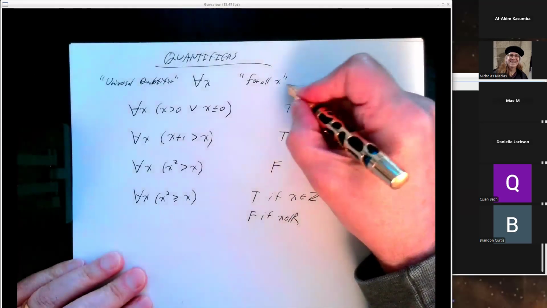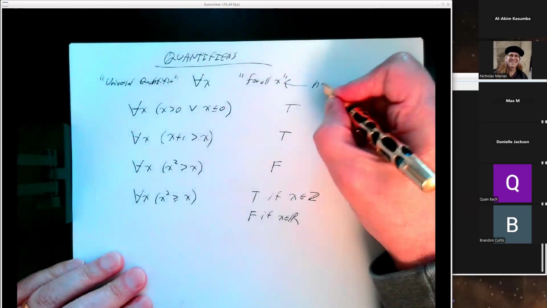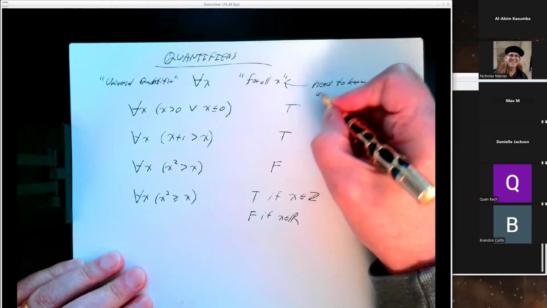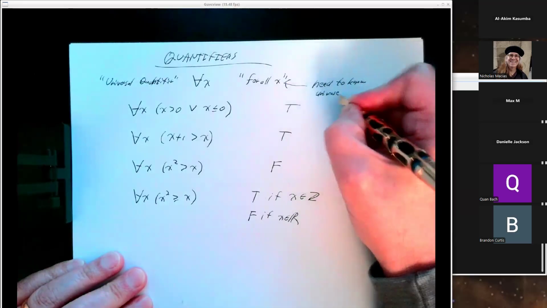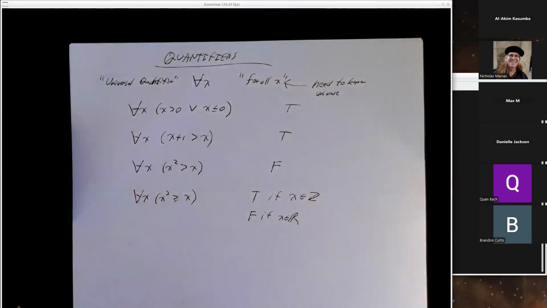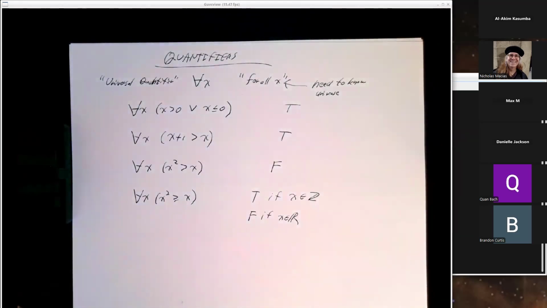So when we say for all x, we need to know what the universe is. Now, it may be clear from context if we're doing something that involves integers, and we make a statement for all x, it probably means integer. But if we just come on a blank sheet of paper and I say for all x, x squared is bigger than or equal to 0, depends on what the possible values for x are.